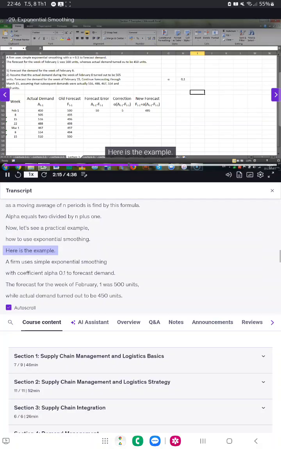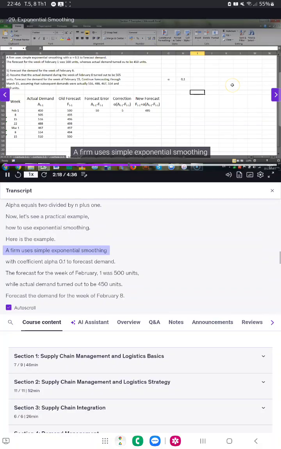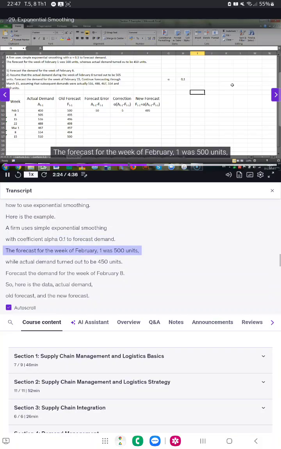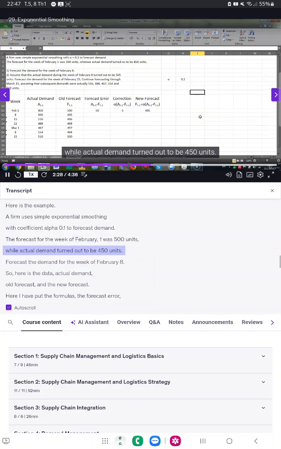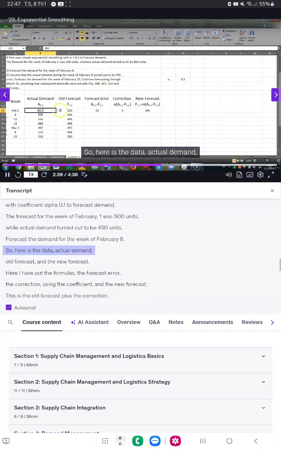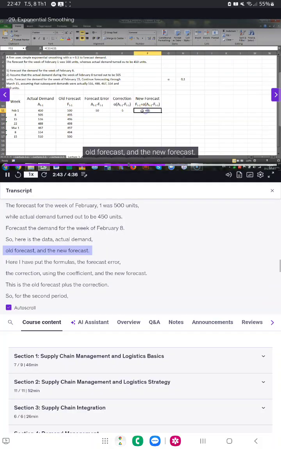Here is the example. A firm uses simple exponential smoothing with coefficient alpha 0.1 to forecast demand. The forecast for the week of February 1 was 500 units, while actual demand turned out to be 450 units. Forecast the demand for the week of February 8. So here is the data: actual demand, old forecast, and the new forecast.